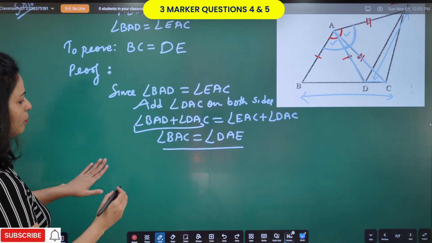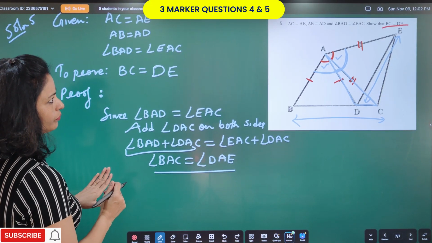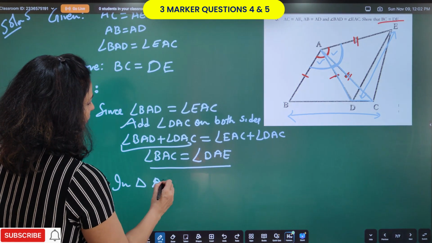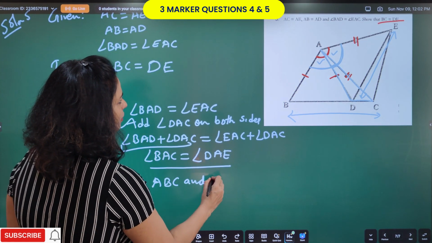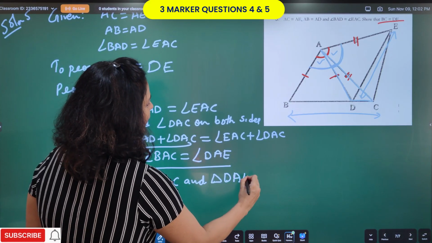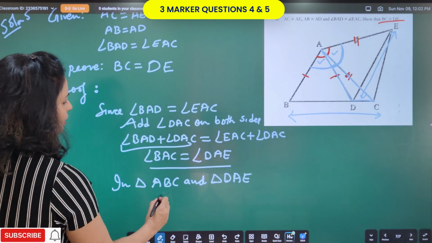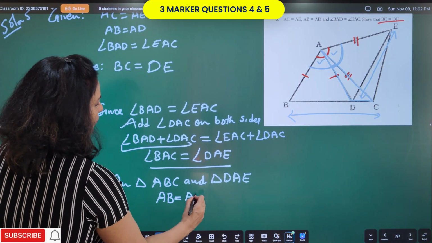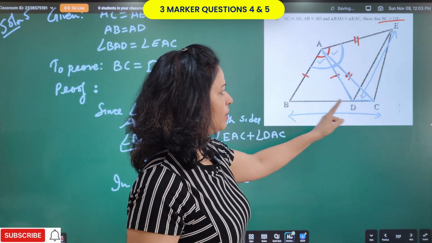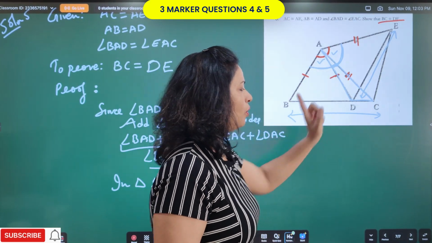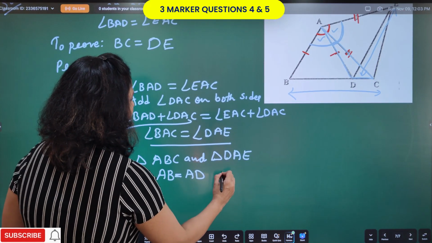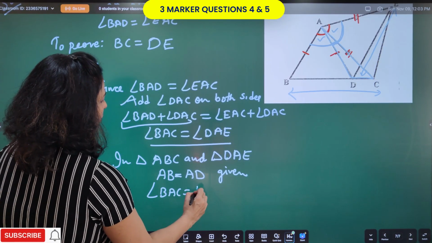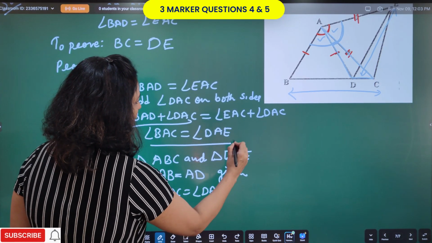Now we can go for congruency. So now you can take the triangle ABC and triangle DAE. So here what we can write, first thing is given as AB is equal to AD, right. AB belongs to the triangle ABC, AD belongs to triangle ADE or DAE. This is given, and the angle which we already got, BAC is equal to angle DAE, we already proved, right.